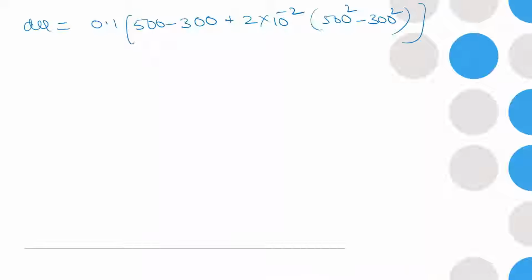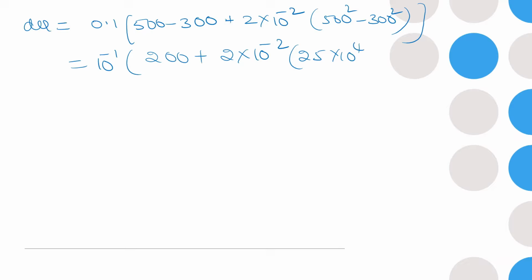Now this is equal to 10 to the power of minus 1 of 200 plus 2 into 10 to the power of minus 2 into (25 into 10 to the power of 4 minus 9 into 10 to the power of 4).